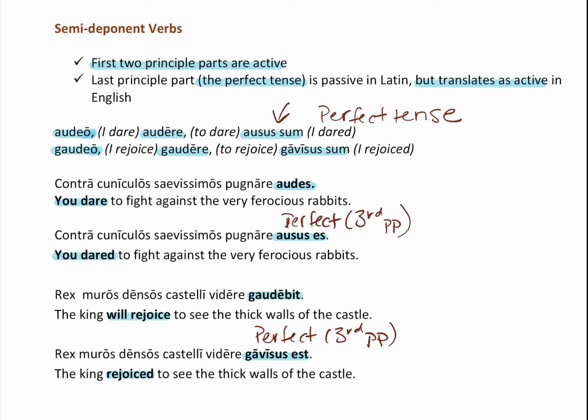So you know, look at this. It uses a form of the present of to be, even though it's perfect. And once you break down all those little parts, it's actually pretty easy. You just have to recognize what kind of verb it is and then translate it as you've been taught here.